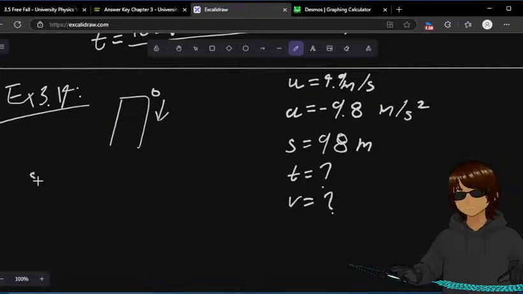So s is equal to ut plus half at squared.